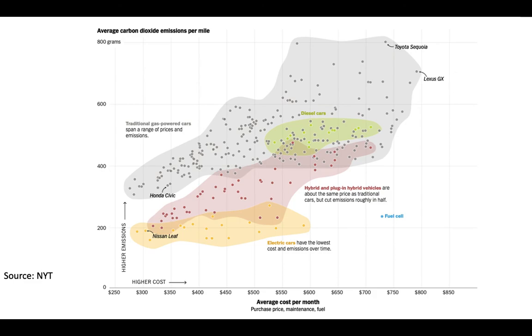But if you're getting electricity, some from nuclear, some from natural gas, some from renewables, and maybe a little bit from coal, that's going to have a lower impact in terms of the emissions and the energy costs, because you're not using just fossil fuels to power your car, you're also using other things like renewable energy and nuclear energy. So that's the thing with an electric car, is that it depends on where your electricity is coming from.